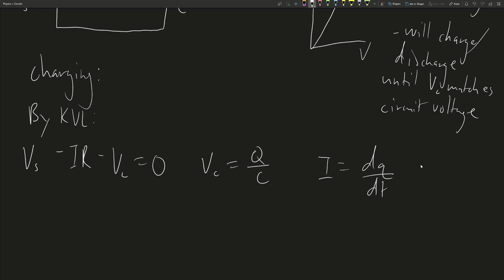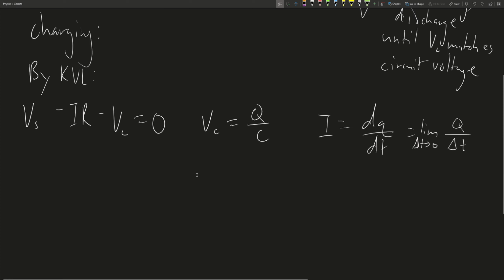So current, again, is equal to the limit as the time interval goes to 0 of Q over delta T. Again, this is a representation of current as a limit.